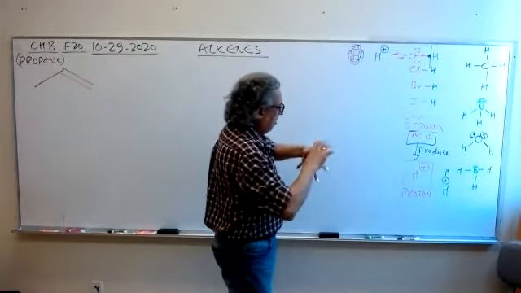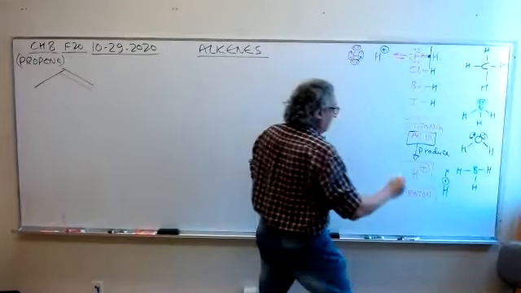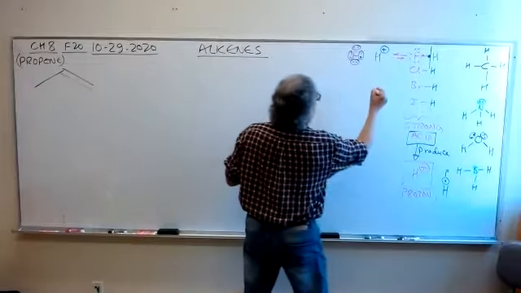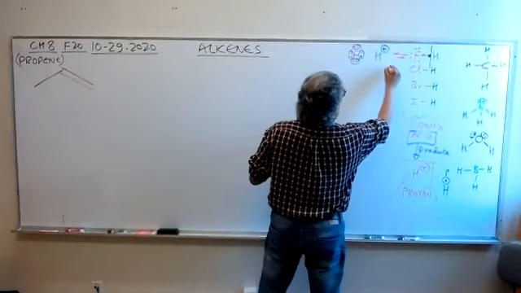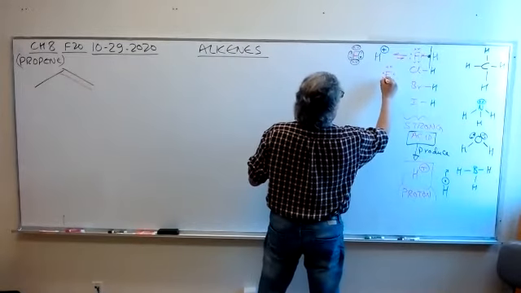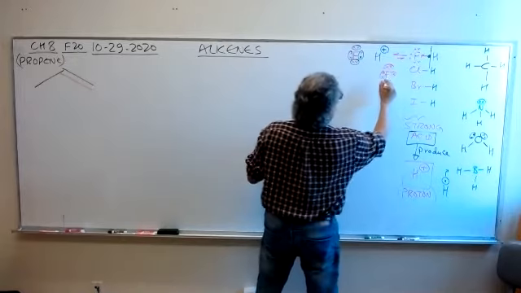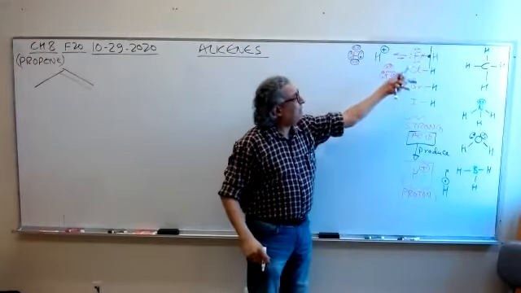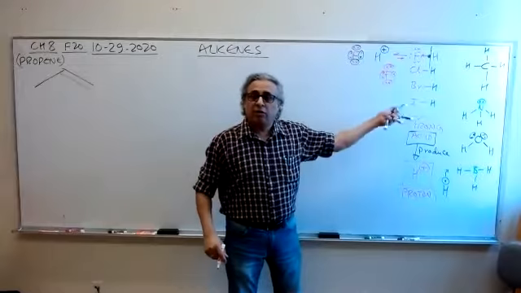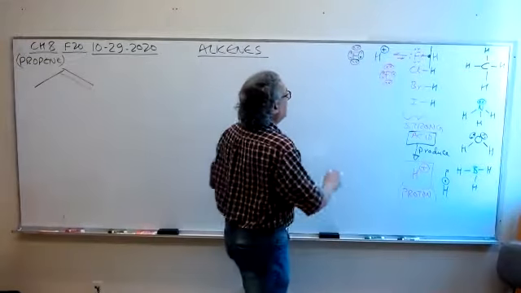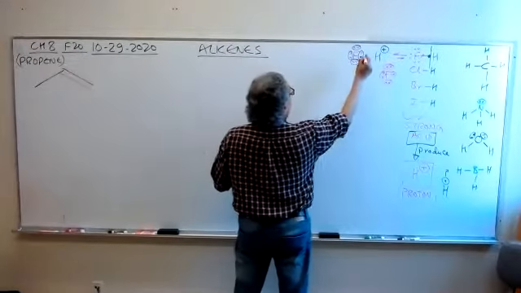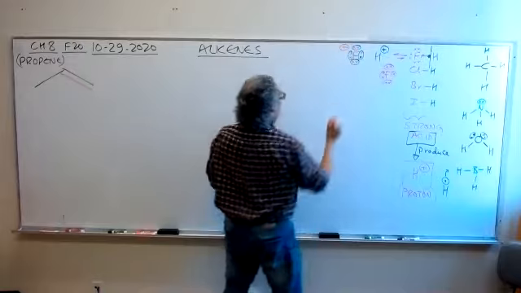Fluorine is born with 7 electrons. This is how a normal fluorine atom is born. All of them have 7 electrons: fluorine, chlorine, bromine, iodine. We have covered it in the past. Now it's got 8 electrons, and therefore it has a negative charge.